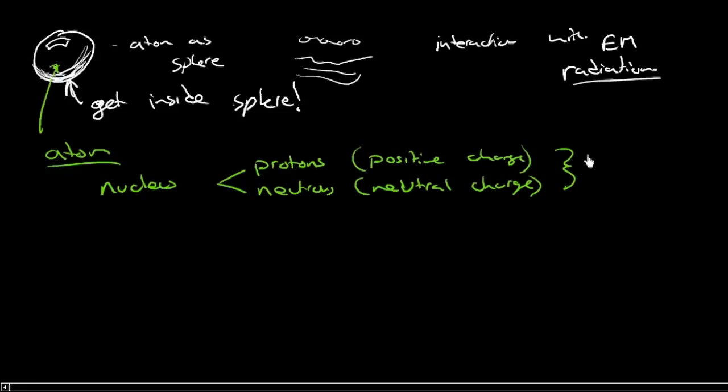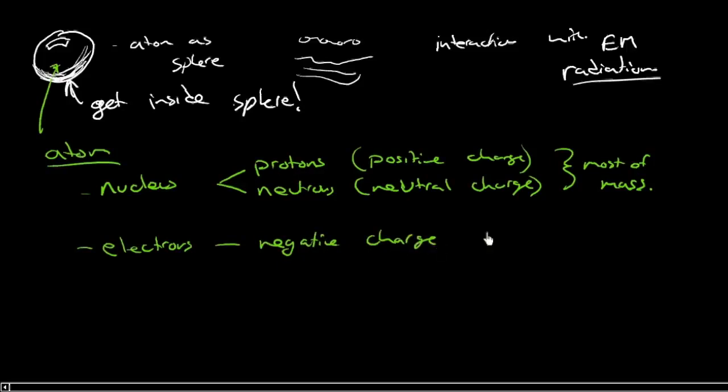I mean, 1,000 times or so lighter than that is the electron. So most of the mass of the atom comes from the nucleus, and then orbiting around the nucleus are electrons. And the electrons have a negative charge. And in fact, that's the charge that I'm referring to here, this positive charge, negative charge.